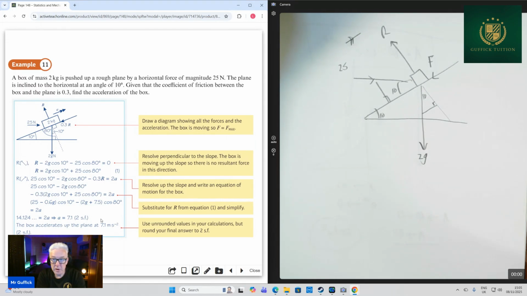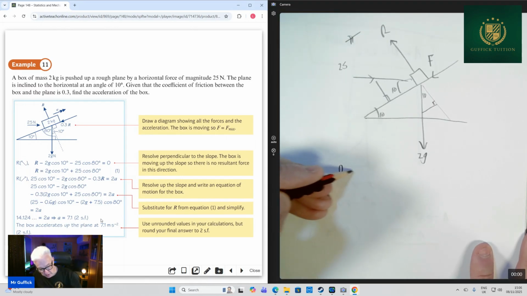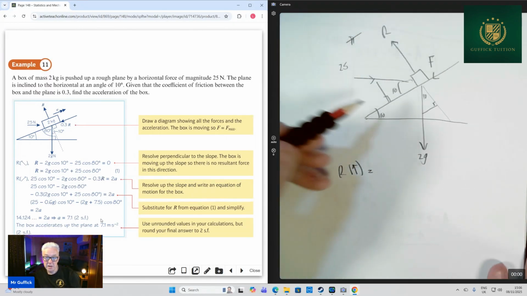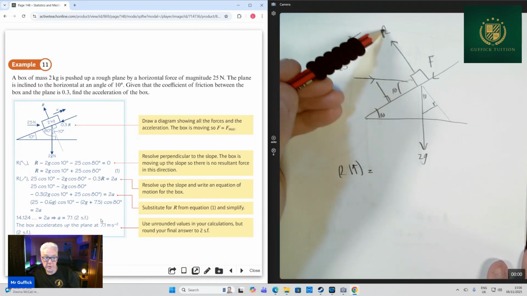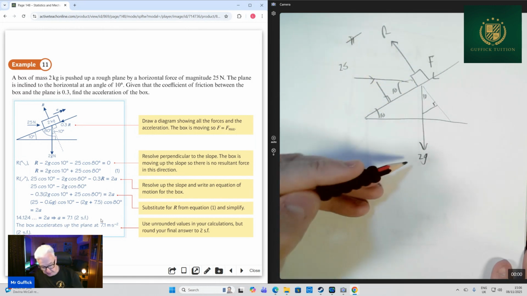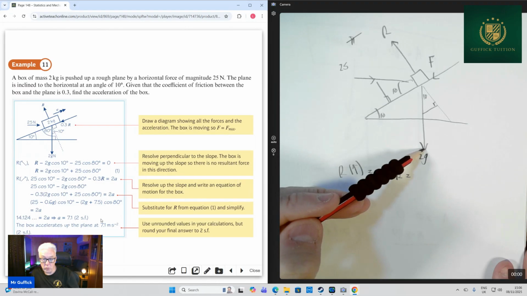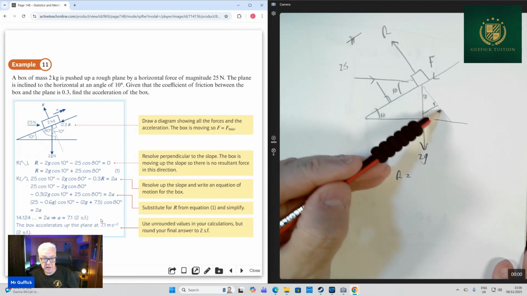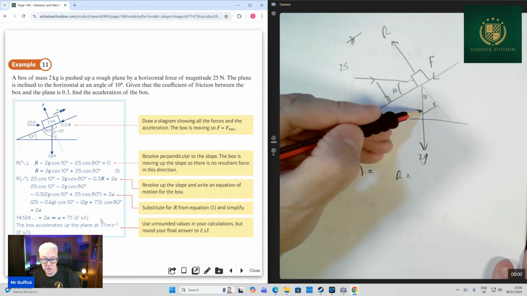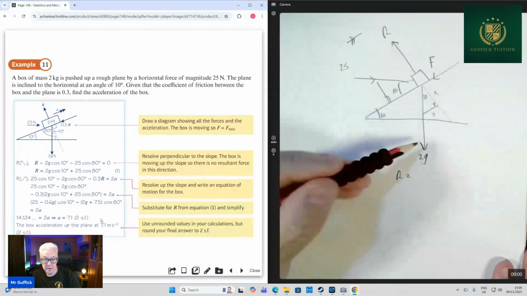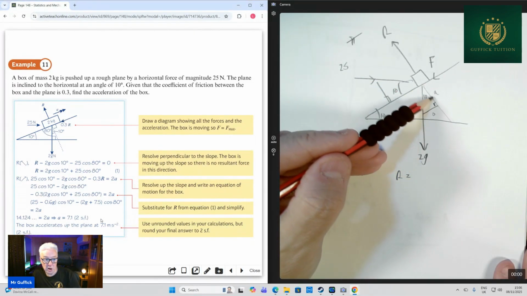When we've got friction, we always need to resolve perpendicular to the plane. So first, let's resolve perpendicular to the plane and see what we get. We have the normal reaction R pushing away from the plane, and the component of the weight pulling the object into the plane. In this triangle, that is the adjacent and that is the opposite, so it's 2g cos10.